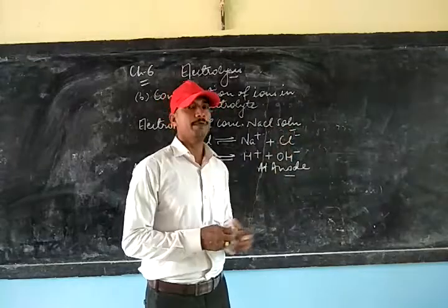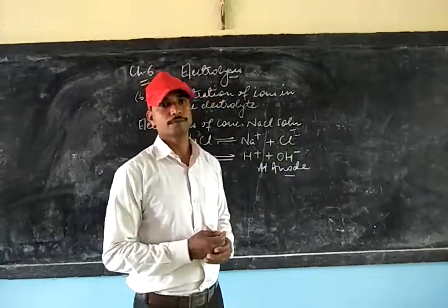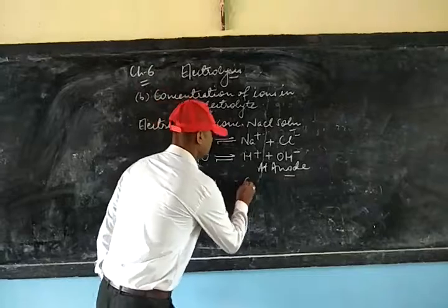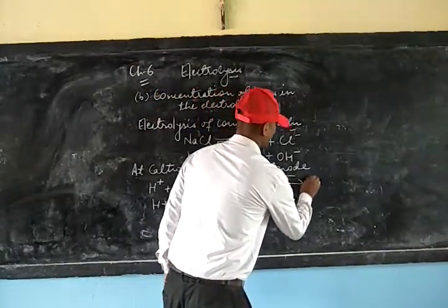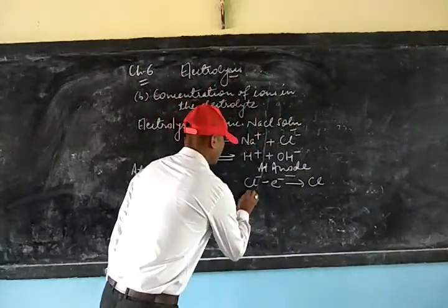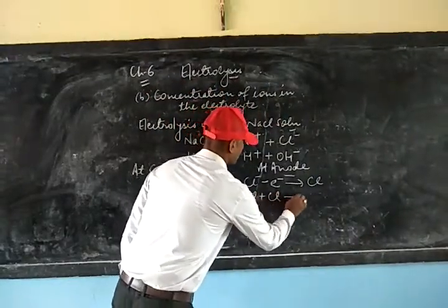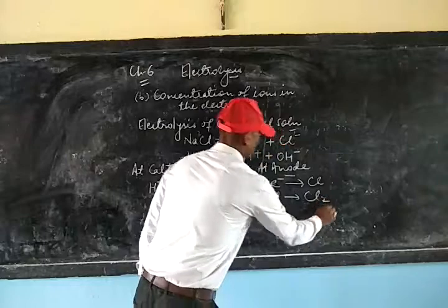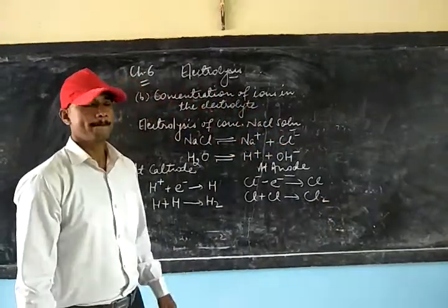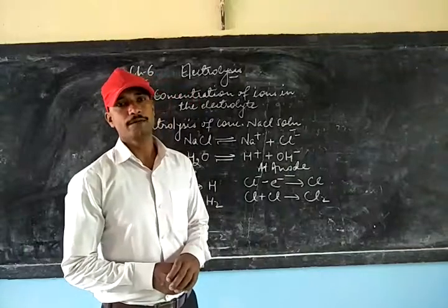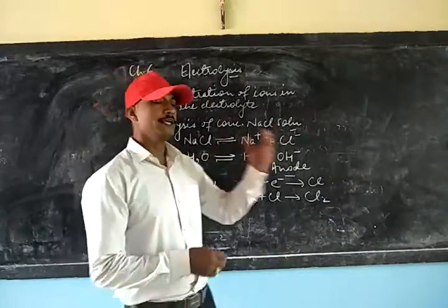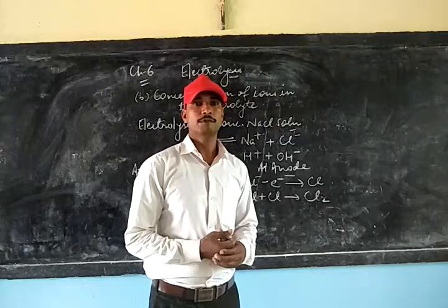So chloride ion will be discharged first. Chloride ion will lose the electron and change to a chlorine atom. Again, two chlorine atoms combine to form chlorine gas. That is, at the anode side this time we can see a greenish yellow colored gas being released.